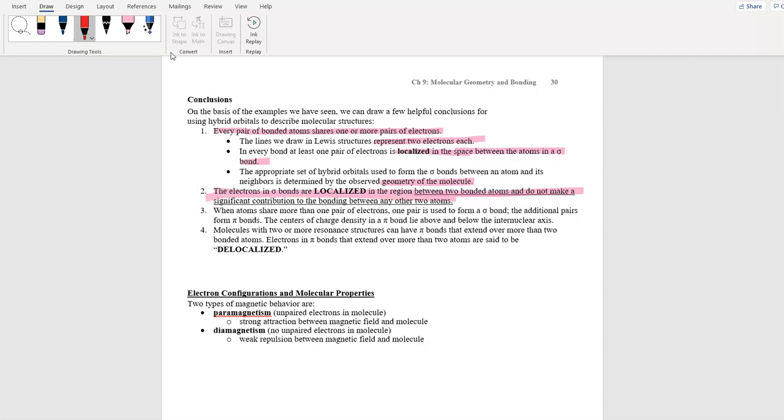When atoms share more than 1 pair of electrons, 1 pair is used to form a sigma bond. The additional pairs are pi's. Okay, we got that. And the centers of the charge density of a pi bond lie above and below the internuclear axis, which you saw in the pictures from above. Delocalized molecules with 2 or more resonance structures can have pi bonds that extend over more than 2 bonded atoms.